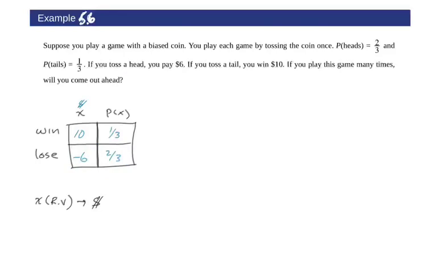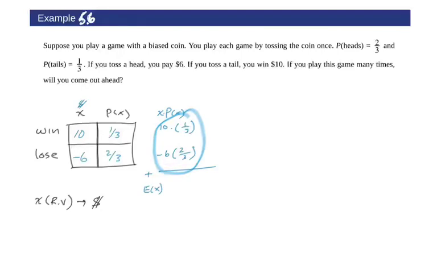Okay, so let's find the expected value, which means I'm just going to multiply x times p of x here. And so 10 times 1/3, and then -6 times 2/3. And we're going to go ahead and add these downwards. So our expected value here is going to be the summation of this right here.